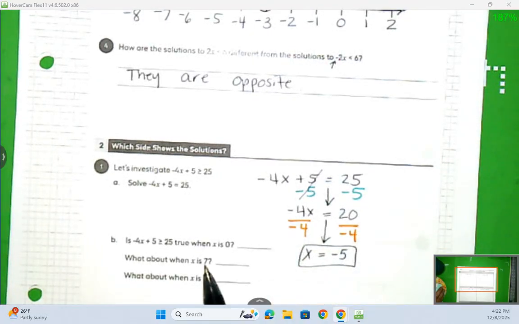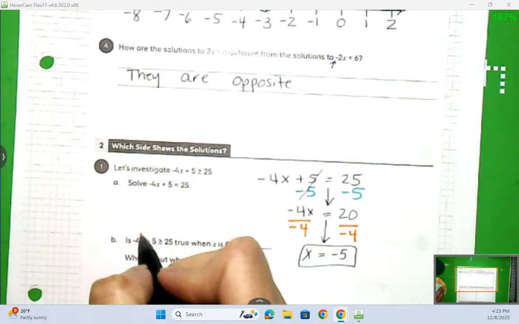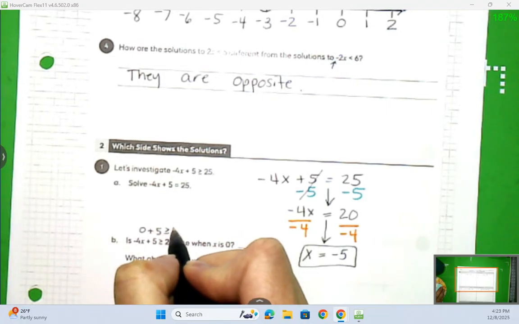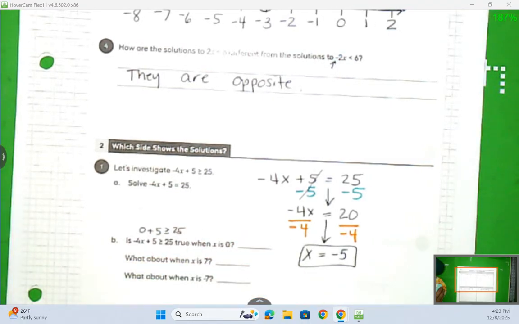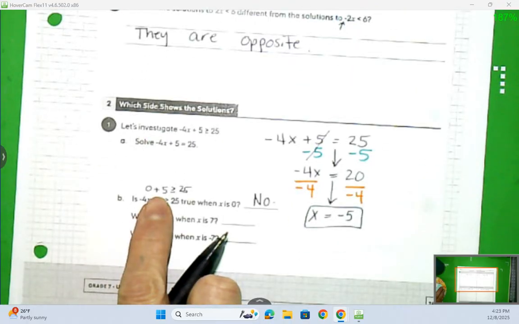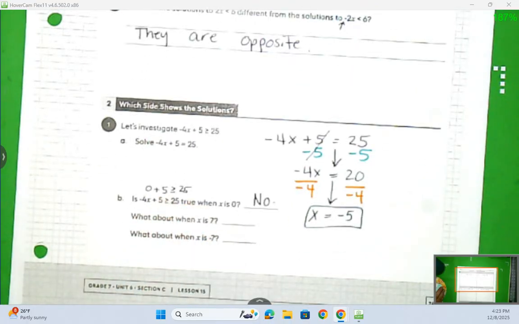So for this statement here, is this true when x equals 0? Well, if I have 0 plus 5, is that greater than or equal to 25? Our answer is no, because 5 is not greater than or equal to -5. What about when x is 7?